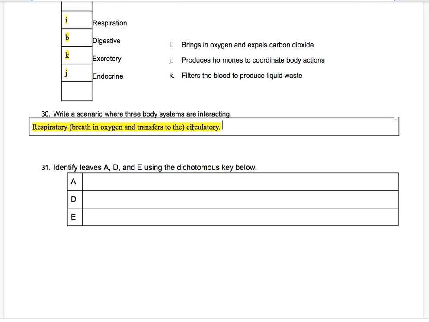The circulatory system then uses the blood filled with that oxygen to other parts of the body. And there the blood's going to exchange oxygen with the cells, and it's going to take all of its waste to the excretory system.